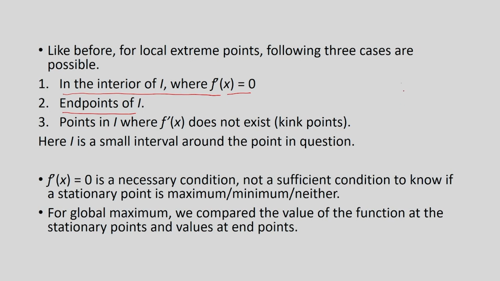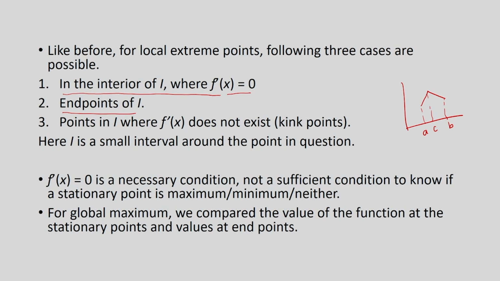So, here is an example of 3. You have a to b and here you have C. So, you have a local maximum, but f dash of C is not equal to 0 because f dash of C is not defined. All right. So, there are three cases like in the case of global maximum or global minimum.